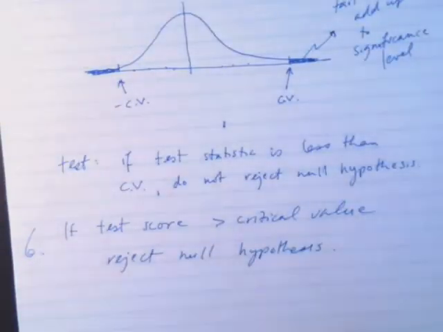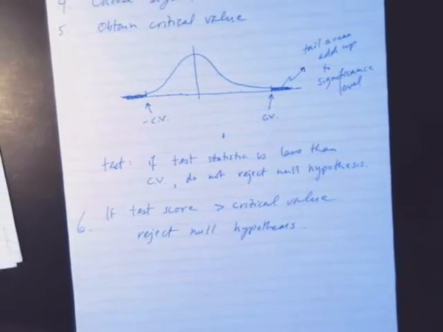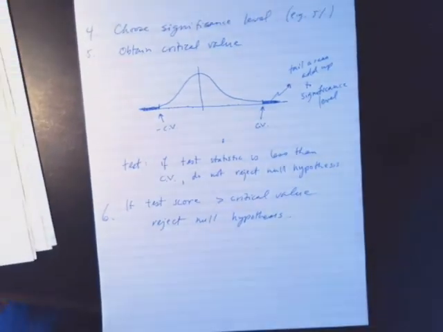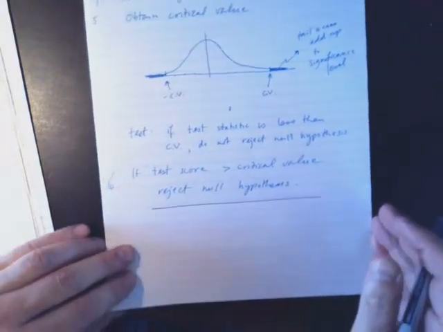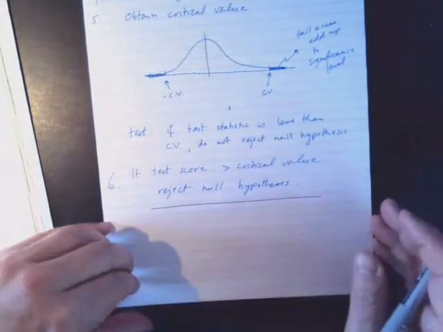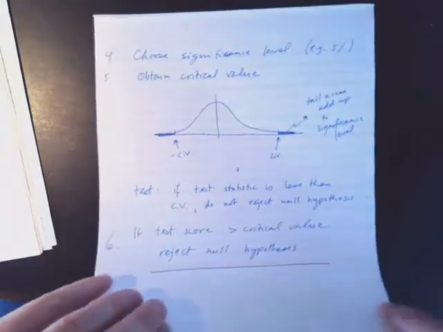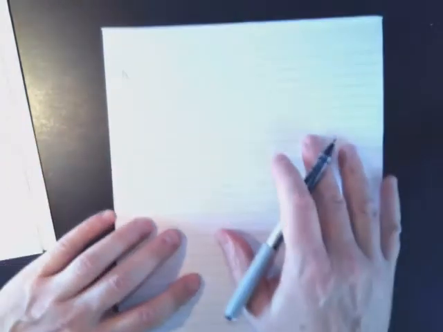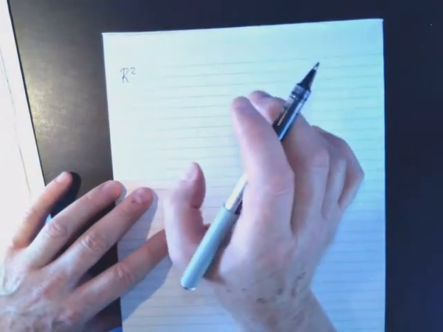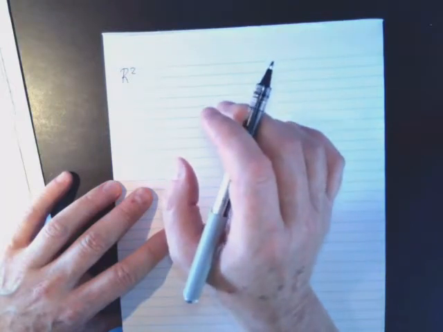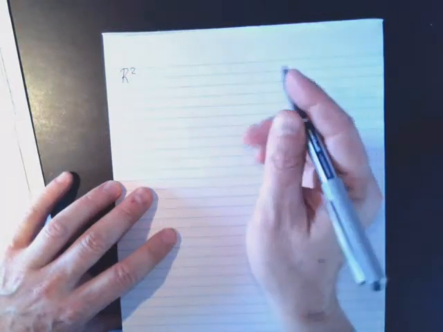Okay, so that is what we've seen already with the way we go about hypothesis testing and the relationship between hypothesis tests and confidence intervals. Let me get a fresh piece of paper here. R squared is still the fraction of the variability or the variance in the dependent variable explained by the model.